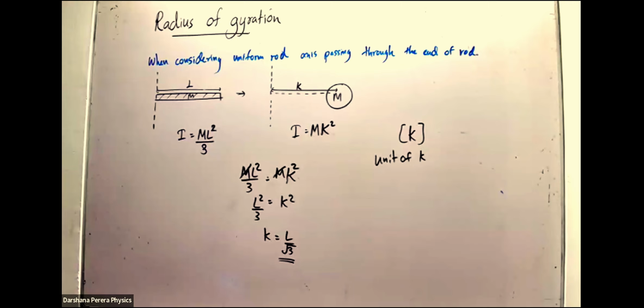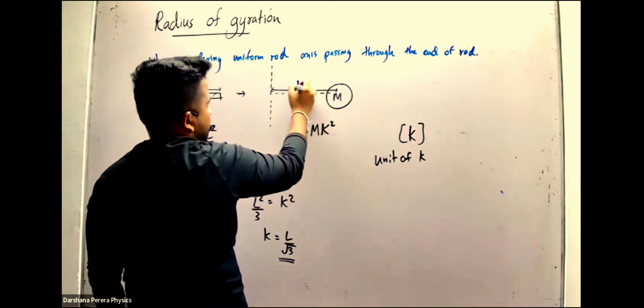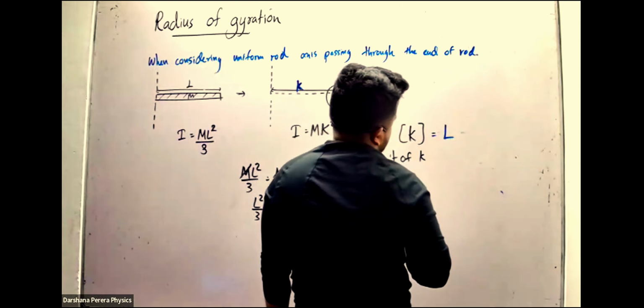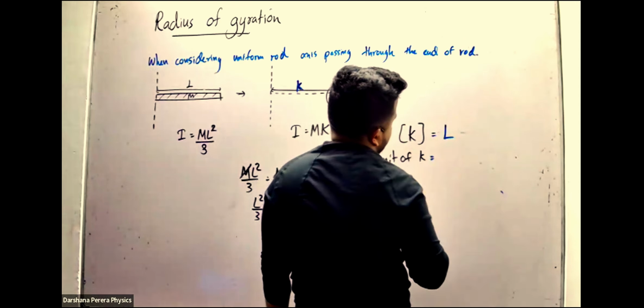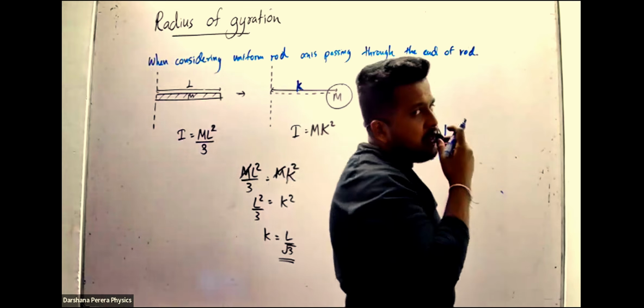Now, the radius of gyration means the length k. K is the length. Therefore, it is L, right? The unit of k is meter. Radius of gyration is the length.